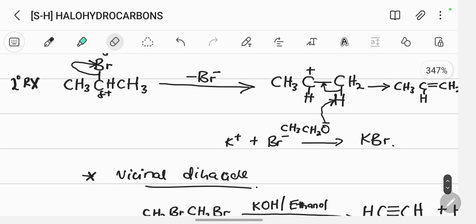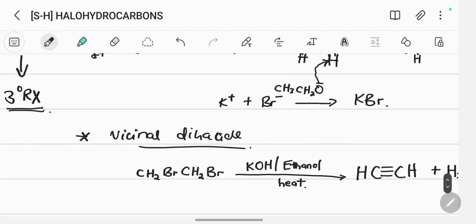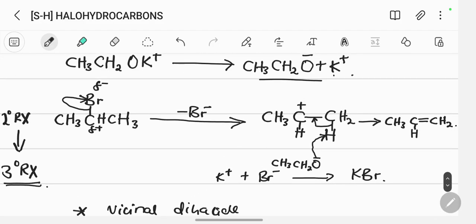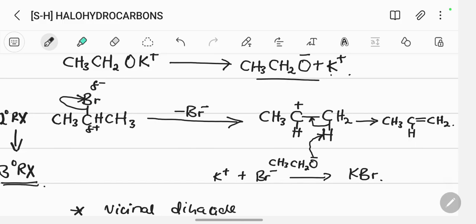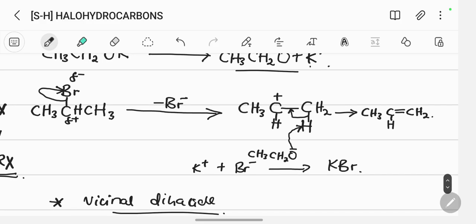It's the same thing with tertiaries. It's the same thing that is going to happen to tertiary alkyl halides. Bromine, or the halogen, will first move off. Then we think of which hydrogen we are going to eliminate from which carbon. Here we usually say that the carbon atom that loses bromine will never lose hydrogen. The one adjacent to it is going to lose hydrogen.